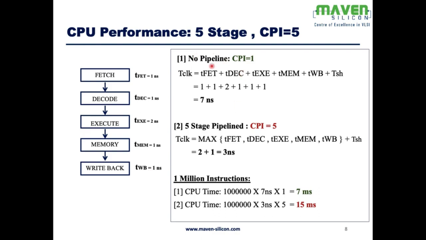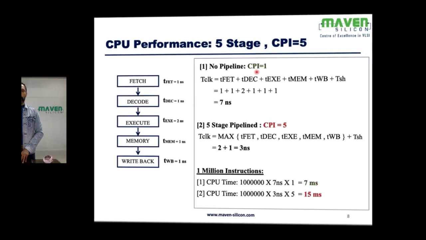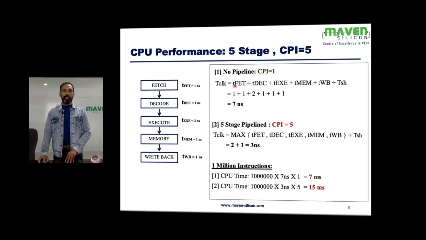If we consider no pipeline, and by default CPI is 1, T clock is the sum of all the propagation delays. There is no pipeline, so we need to add all the propagation delays. Also, we need to consider setup time and hold time. Together setup time and hold time are 1 nanosecond, and the remaining delays, fetch, decode, execute, memory and write back, are 6 nanoseconds together, plus setup time and hold time, overall 7 nanoseconds.